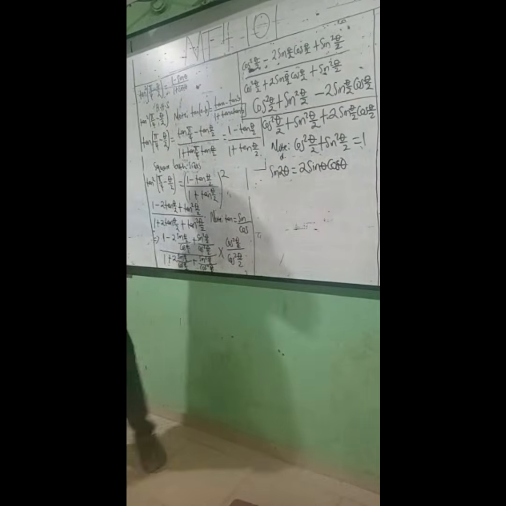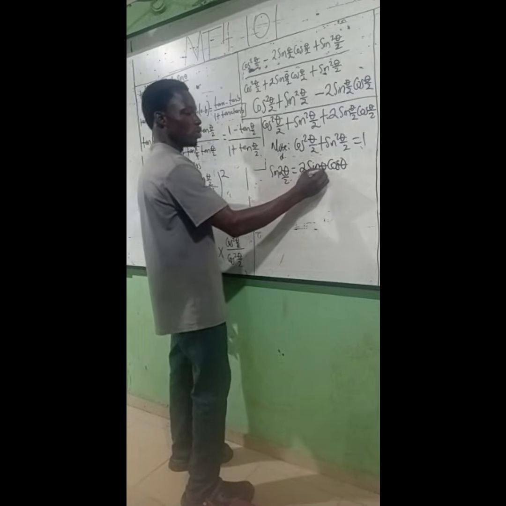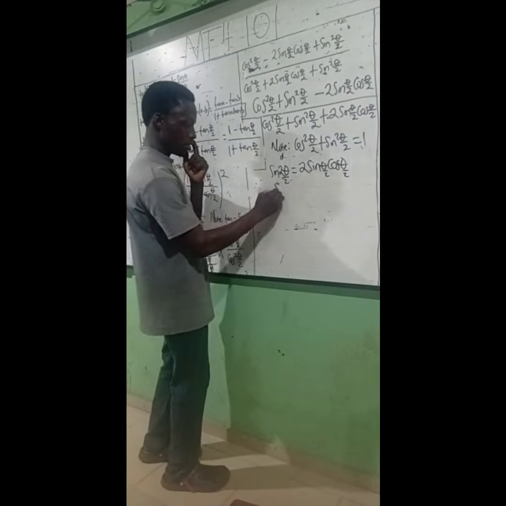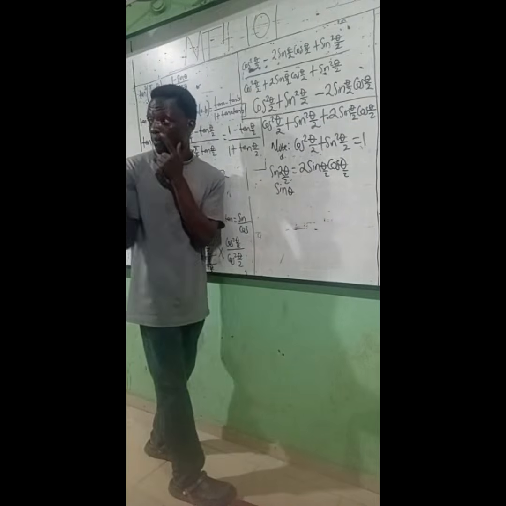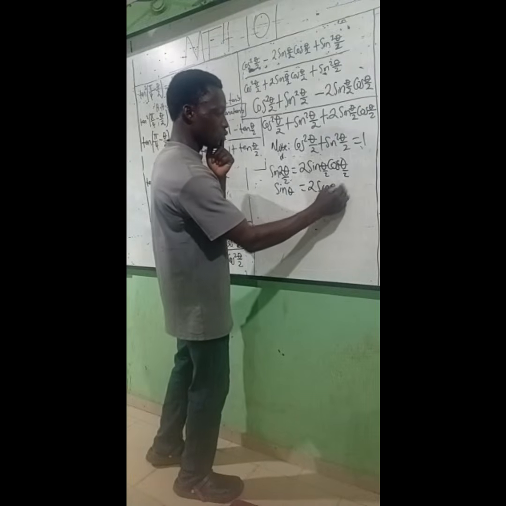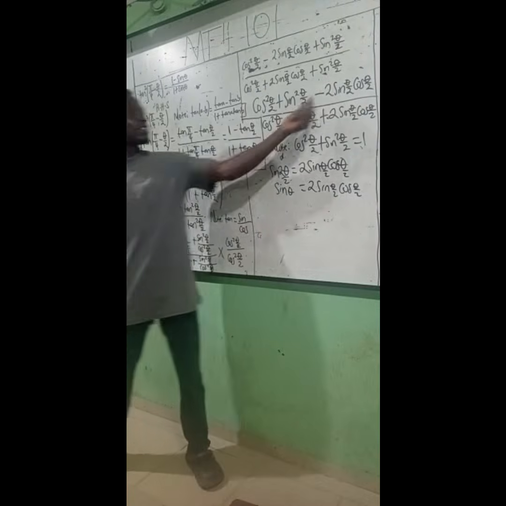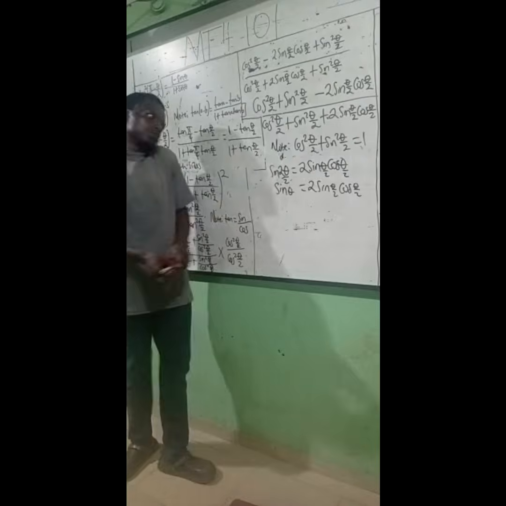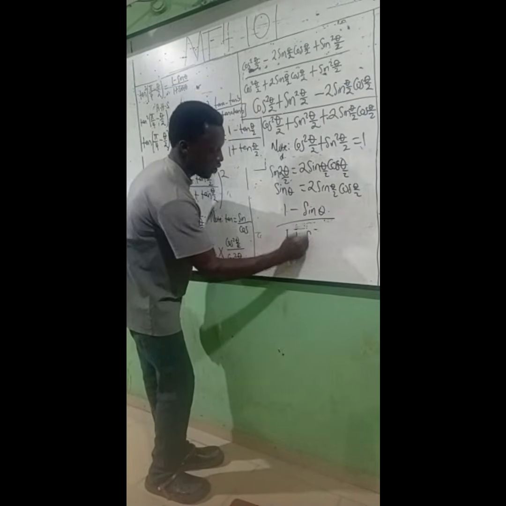Now divide all the angles by 2. What will this one become? Sine theta equals what? 2 sine theta over 2 cos theta over 2, isn't it? So since this is 2 sine theta over 2 cos theta over 2, you can replace it with sine theta. So that's just it: 1 minus sine theta divided by 1 plus sine theta.